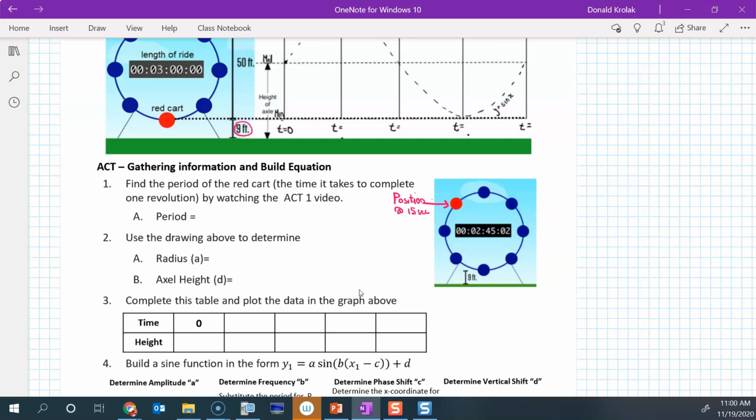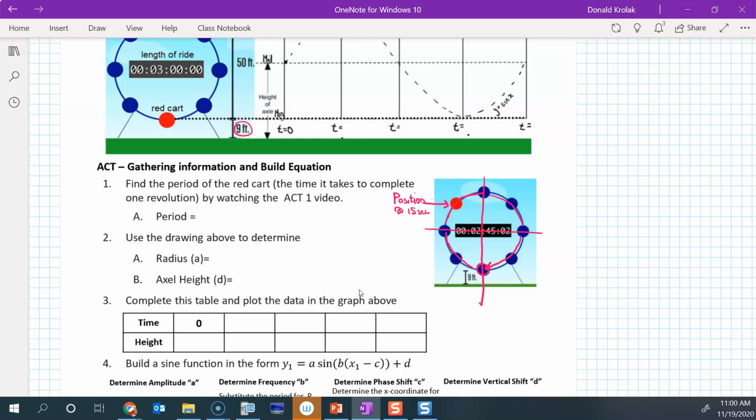All right, so you're going to have to figure out how long it would take to go from this position all the way around, if all you know is that at 15 seconds you're here.